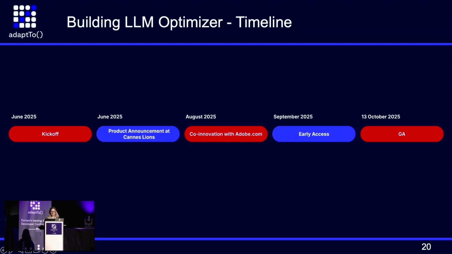And in less than 75 days, we were ready for early access with 50 customers. And now in around 2 weeks, we will be GA for the LLM Optimizer product.